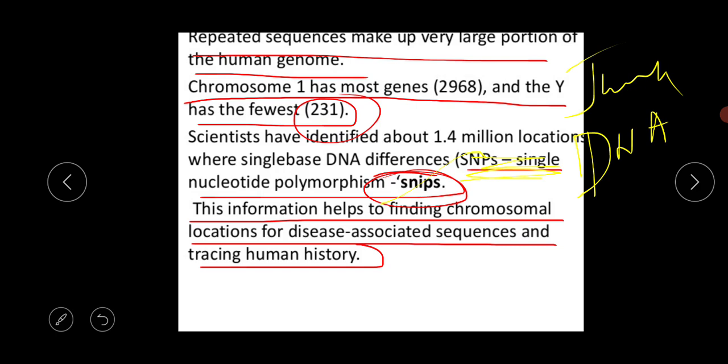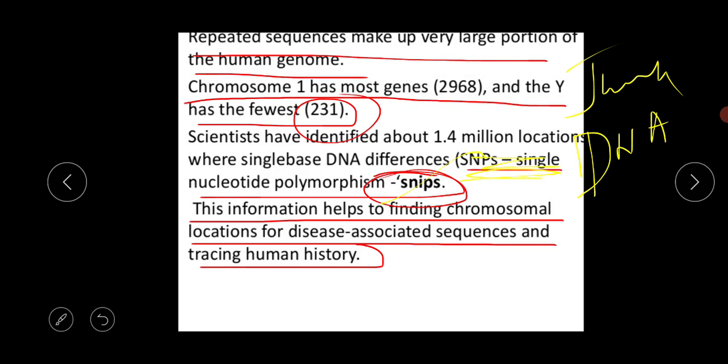Okay, so all this information is quite new to all of you and quite important for all of you. These things are actually quite boring compared to the other topics, the transcription, the translation, that operon. But you have to know all those things for your exam.